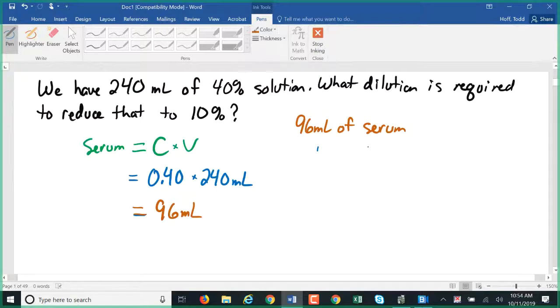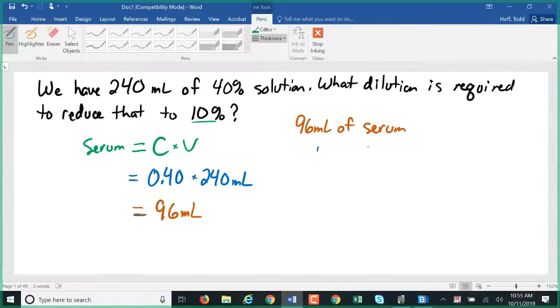We are not going to change the amount of serum. When we perform a dilution, what we're adding is saline, NS, normal saline. Doesn't change the amount of medication. So we need to know how much saline we have to add to get this to 10%.